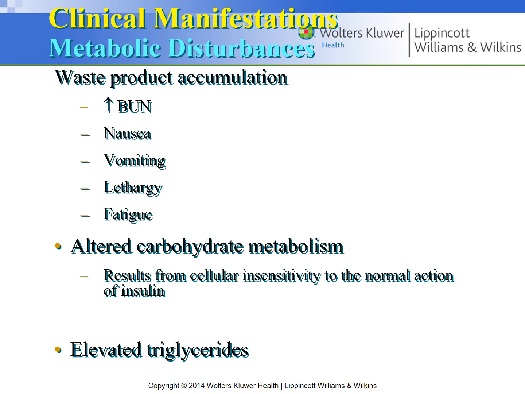We kind of already talked about that stuff. We'll have altered carb metabolism, so that's going to mess with our fats. It's also going to mess with our insulin, and it results from cellular insensitivity to the normal action of insulin.